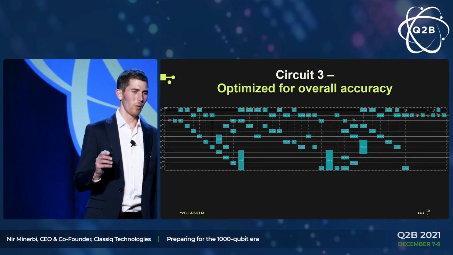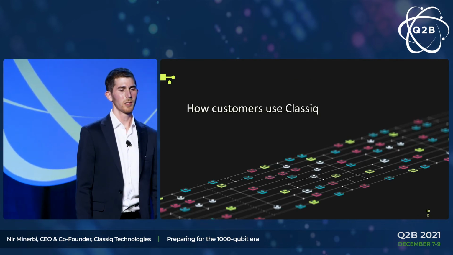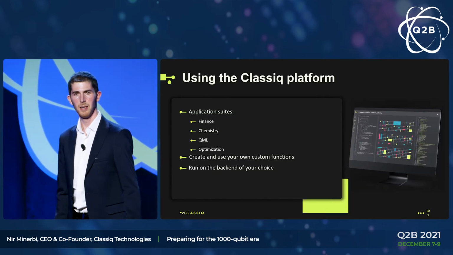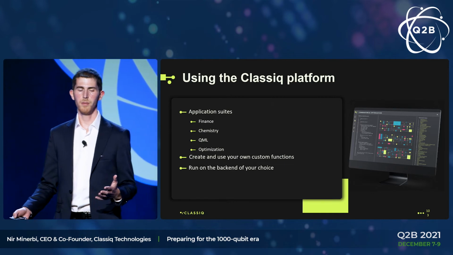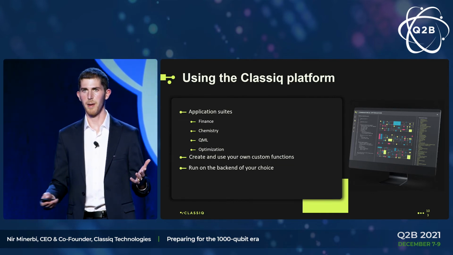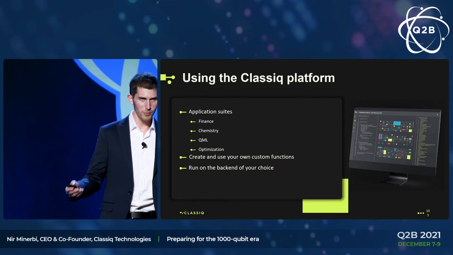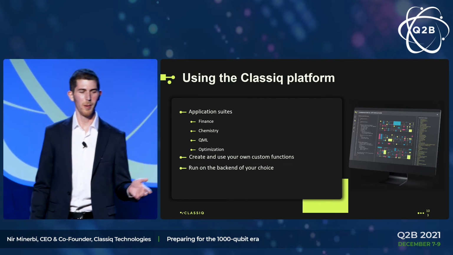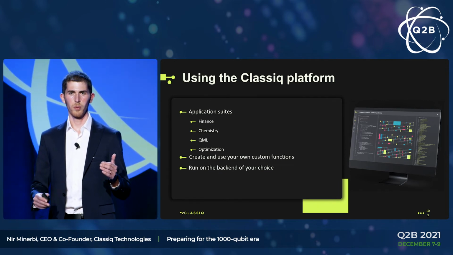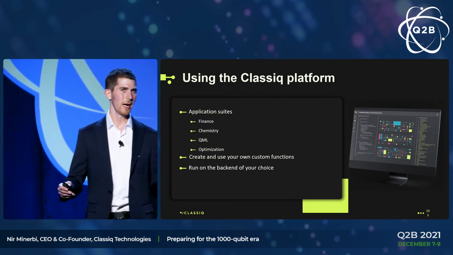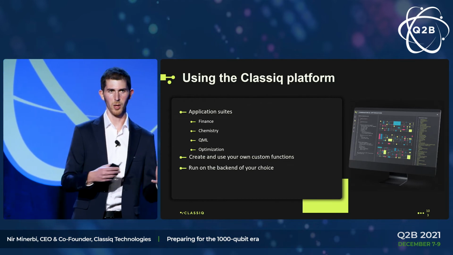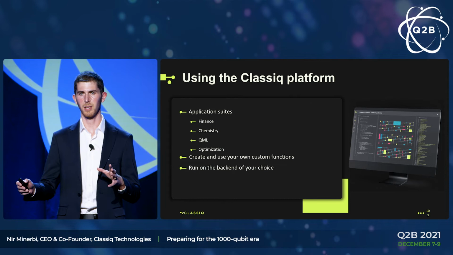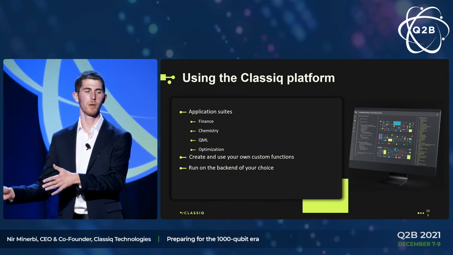Right, so before we finish, I want to describe how customers use Classiq today. Basically, on the platform, you have application suites, covering most of the common industrial use cases in finance, chemistry, QML, optimization, and so on. These were implemented by us, and basically these are high-level functional models of these use cases that allow you to design your own quantum circuits with your own data and needs, obviously.